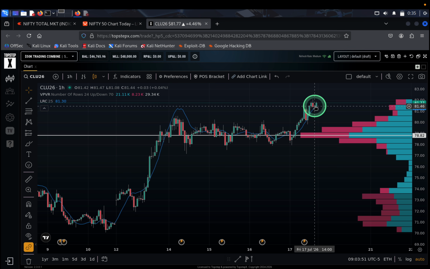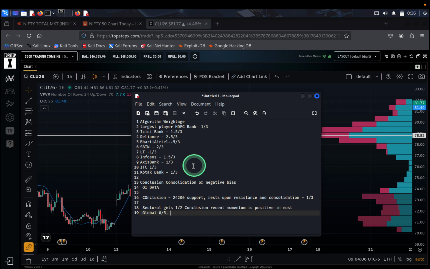This is how crude is behaving on the 1 hour chart. That's why most of the futures in the US also fell, and the overall US global outlook is negative for us today. Will give minus 2.5 out of 5.